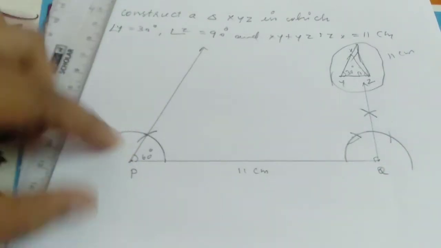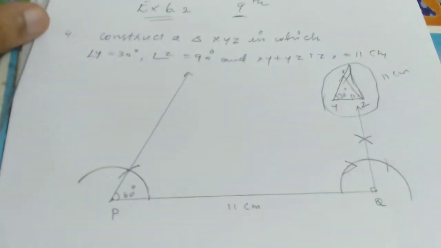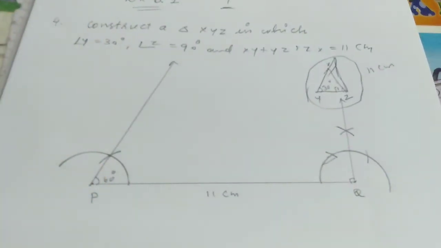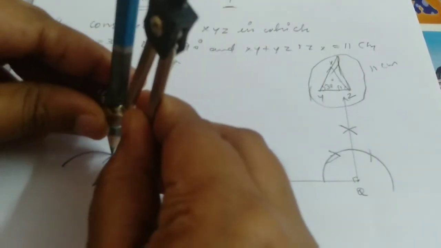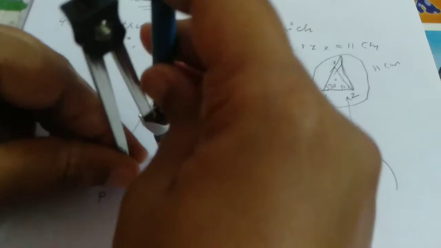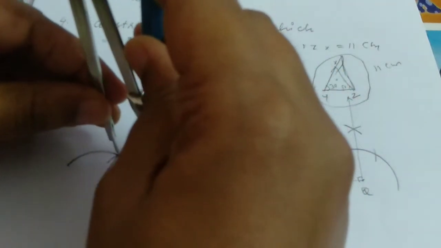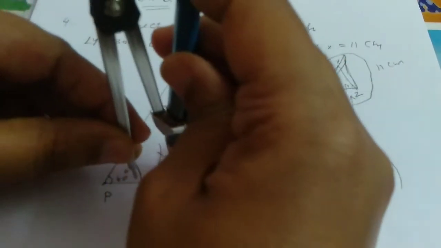We don't want 60, we need 30. So I drew 60, and the bisector of this 60 is 30. How to bisect this 60 degree angle? Measure this arc. Keep the compass at this intersecting point and cut one arc, then at this place cut one arc.